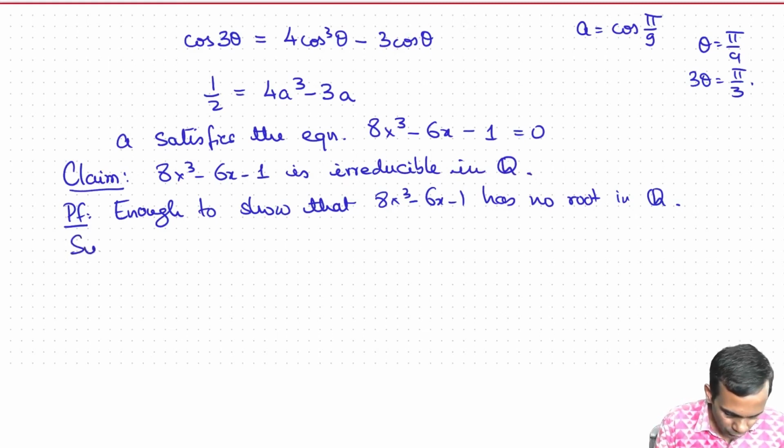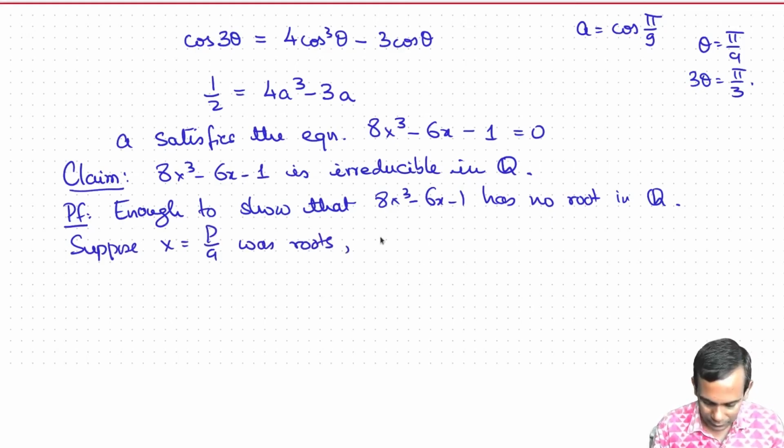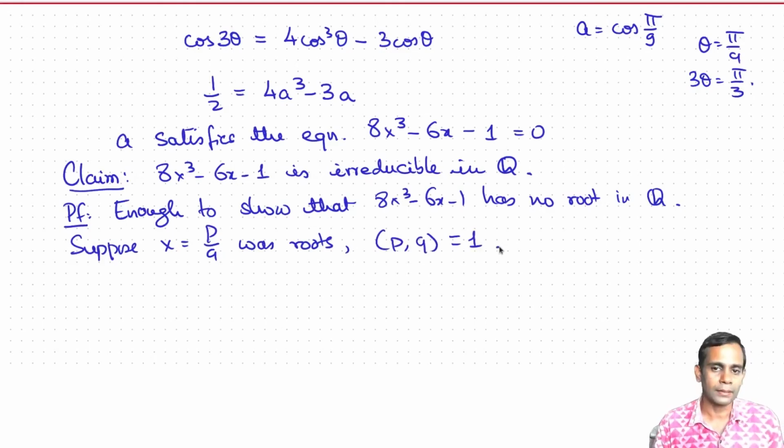So suppose that we had a root x equals p by q. And by cancelling common factors, we can assume that the GCD of p and q is 1. So the fraction is given in lowest terms.